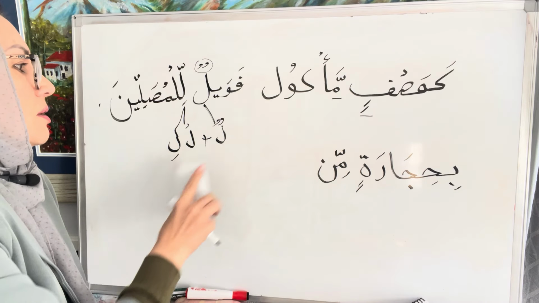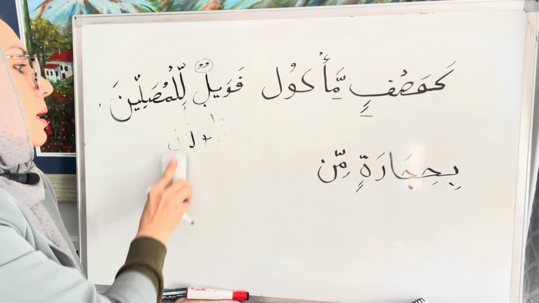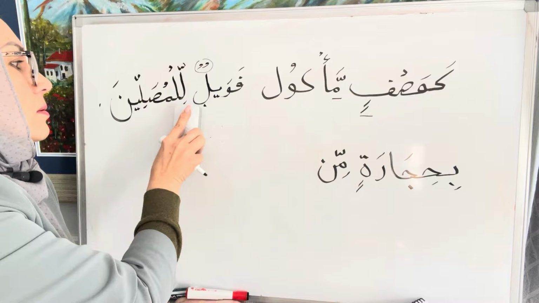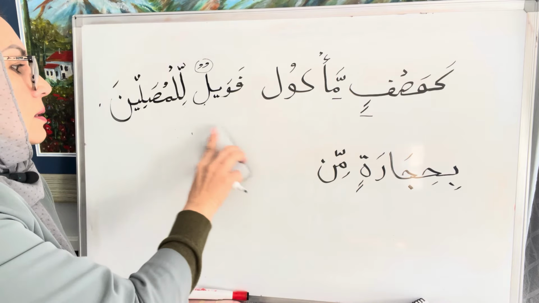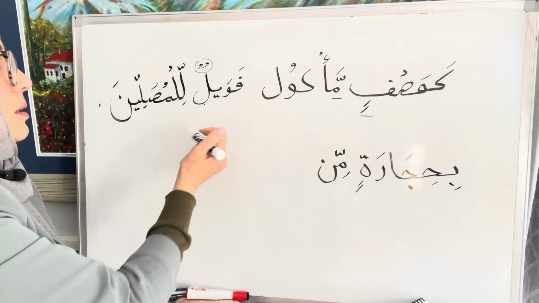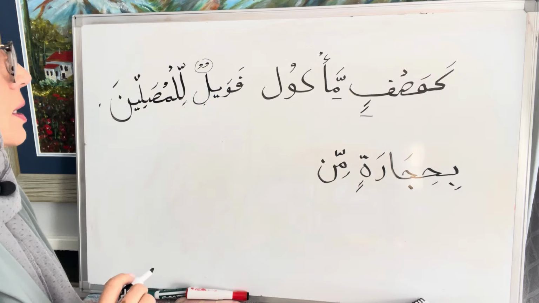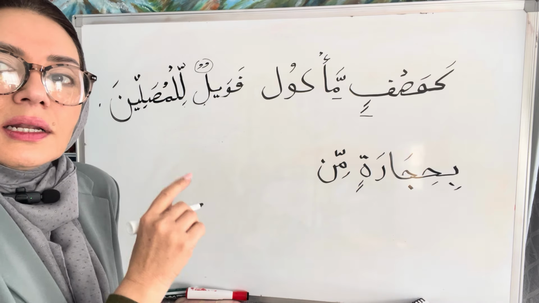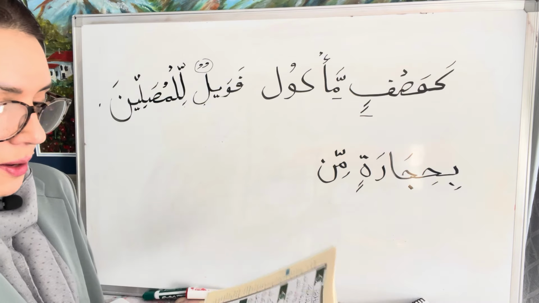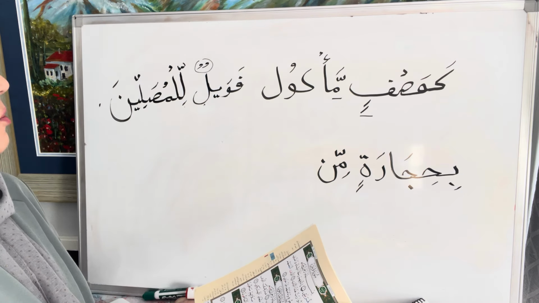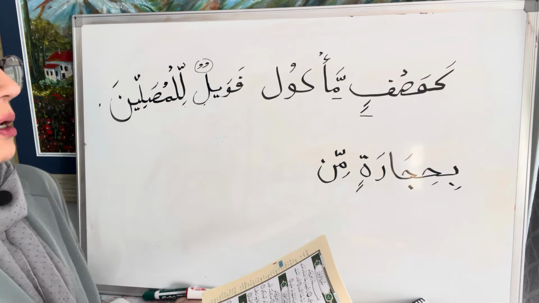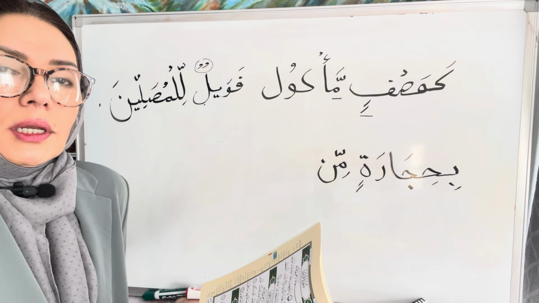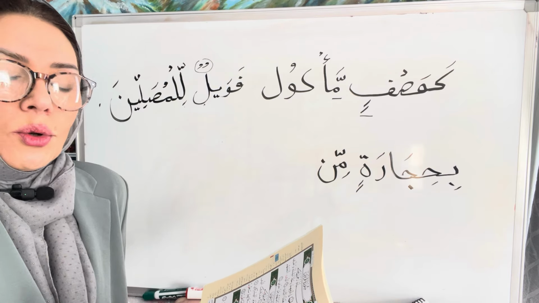But if you take all of the stuff away, this is what is here in this situation right here. So how we read it is fawailul lil musallin. Okay, so this would be the rule idgham kamil bidun ghunna, meaning there's a complete merging, but there is no nasal sound.